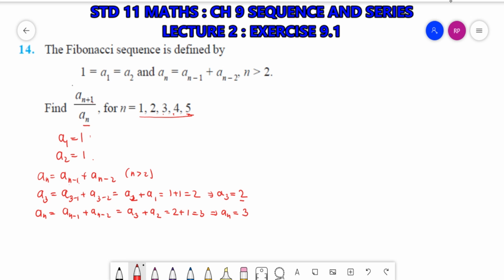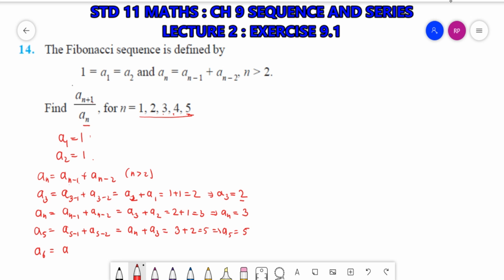Now A5 is equal to A5 minus 1 plus A5 minus 2, that is A4 plus A3. A4 is 3 and A3 is 2, that is equal to 5. That means A5 is equal to 5.